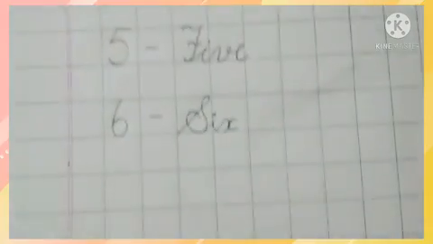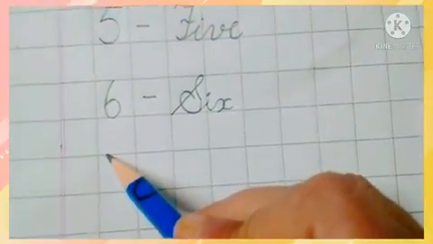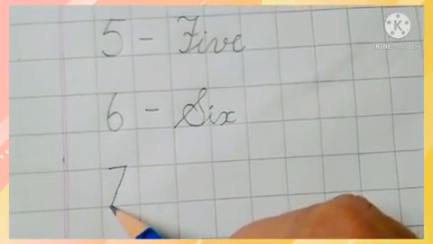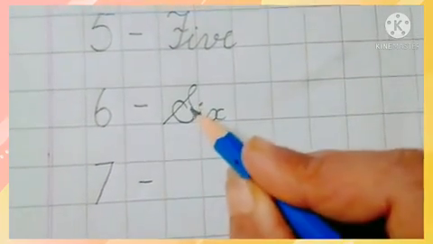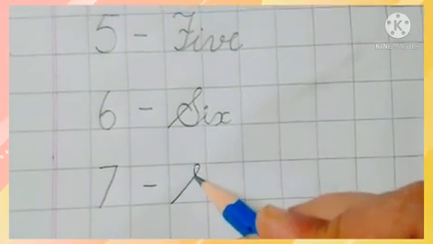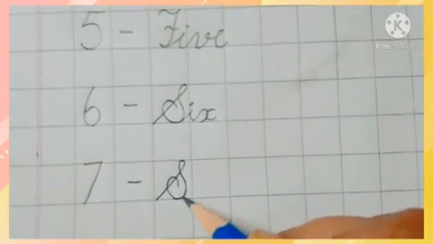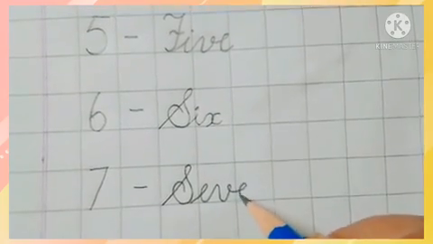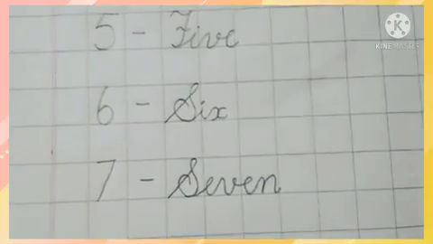Okay. After 6 you will write 7. Slanting, sleeping line, then slanting line, make a dash. Like this you will write one more time here also, S-E-V-E-N. This is 7.